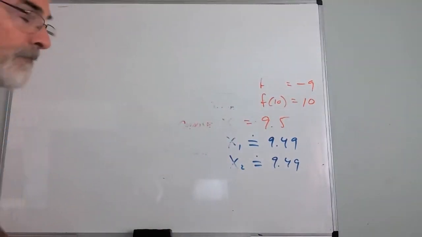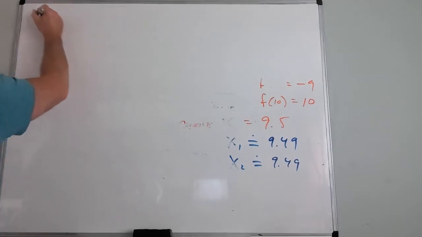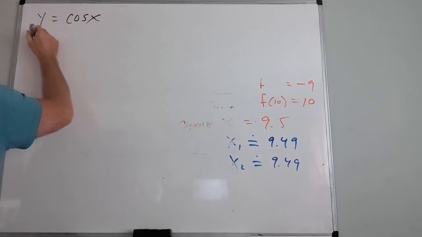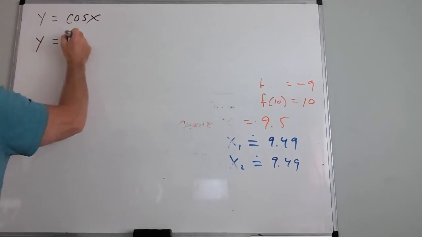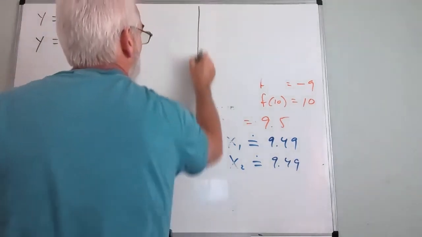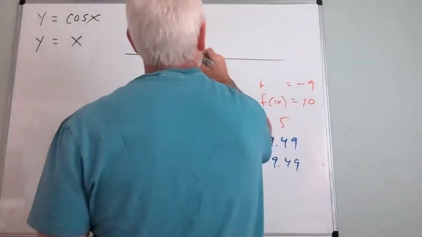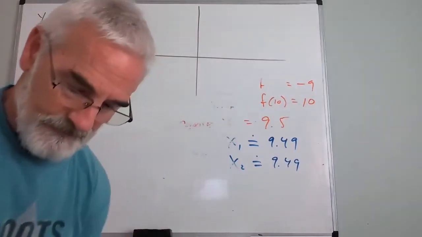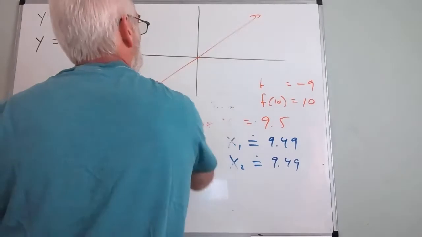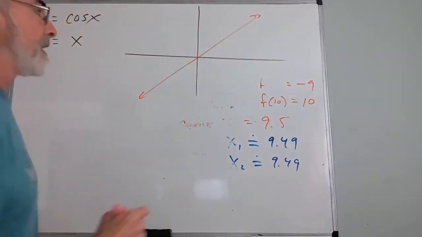Let's consider the graphs of y equals cos x, and how about y equals x? I want to consider these two graphs. Well, let's start with y equals x. That's easy. Now, what does the cosine graph look like?